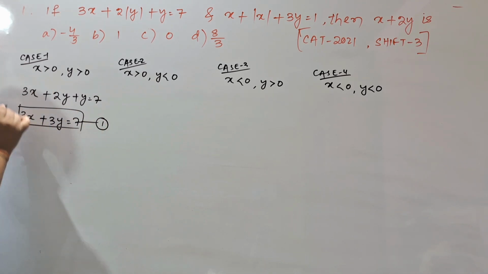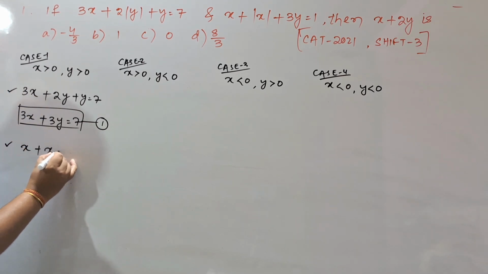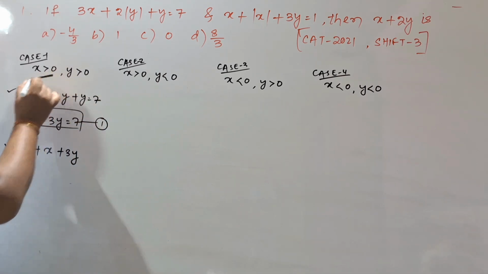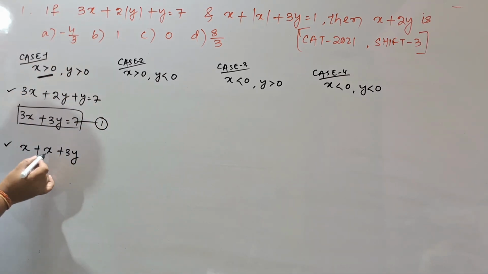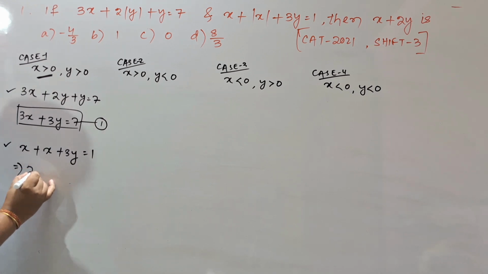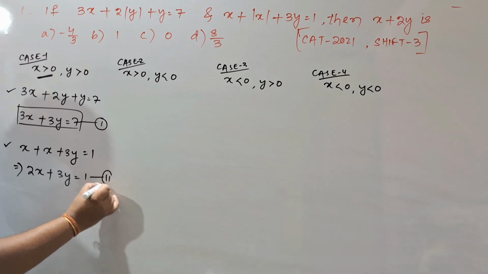Similarly, the second equation is x plus, because x is greater than 0, when I open the mod I will write x, plus 3y, that is equal to 1. So this can be written as 2x plus 3y is equal to 1. This is equation number 2.